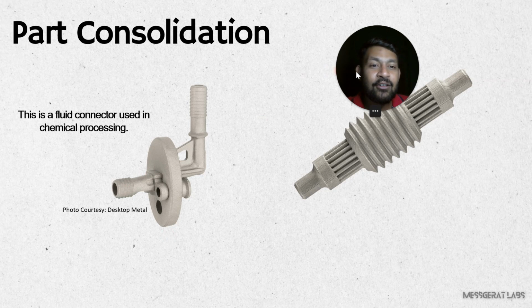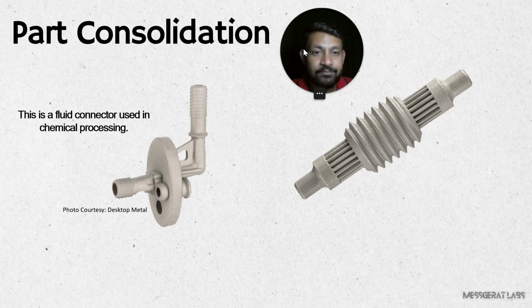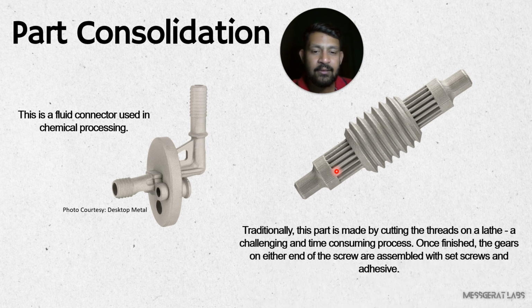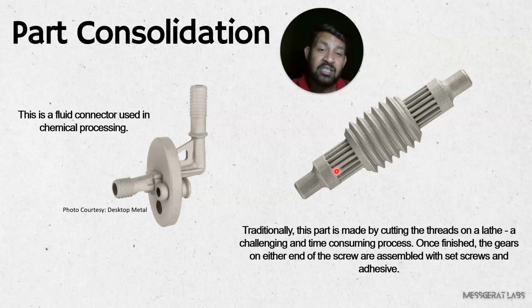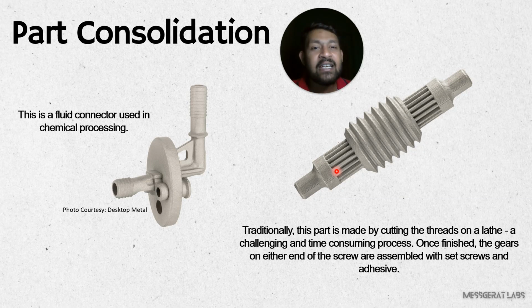Here, what you see on your screen is a part that, traditionally, is made by cutting the threads on a lathe machine, and then both these gears are manufactured separately, and then they are assembled with set screws and adhesives.